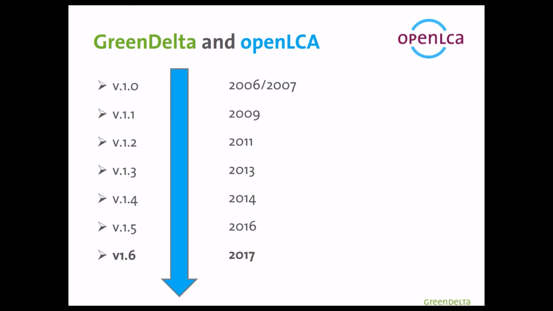Green Delta has been developing openLCA for more than 10 years now, since 2006 basically. And it was and still is the only completely open source software for lifecycle assessment.